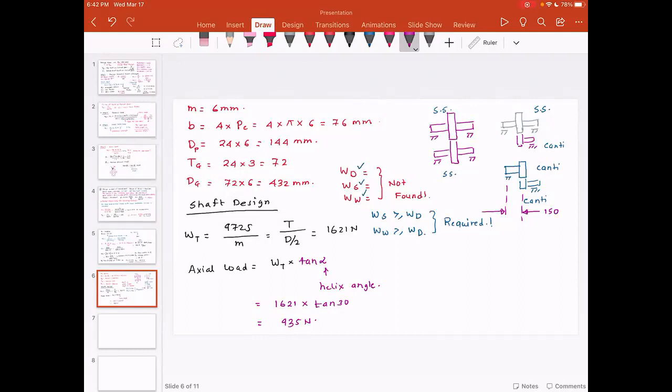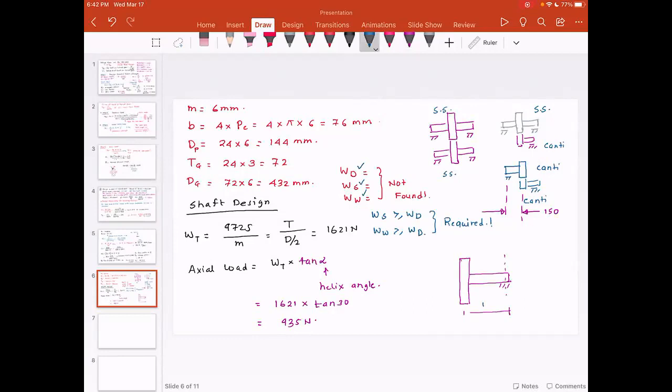Now let's consider, since the overhang is 150, and this is sort of the overhang is from the center of the bearing.